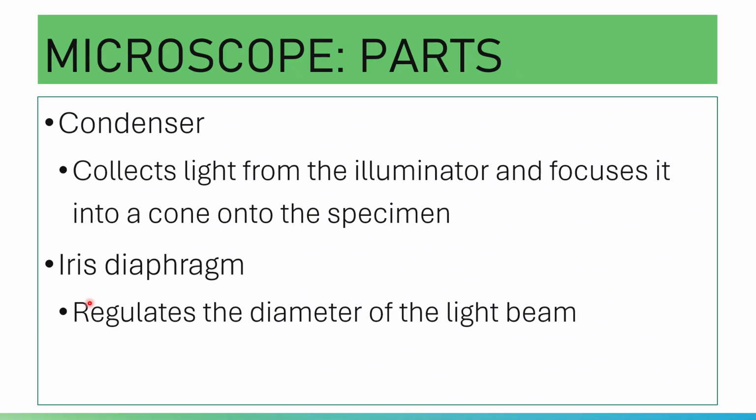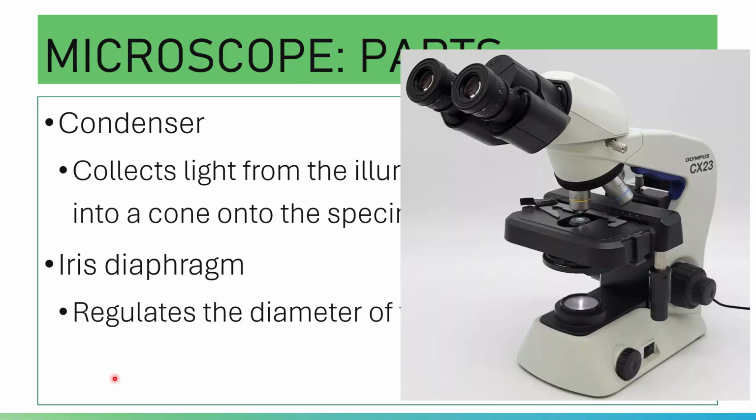While your iris diaphragm is actually an aperture. It is an adjustable opening that regulates the diameter of the light beam, and it can control contrast, depth of field, and the resolution.